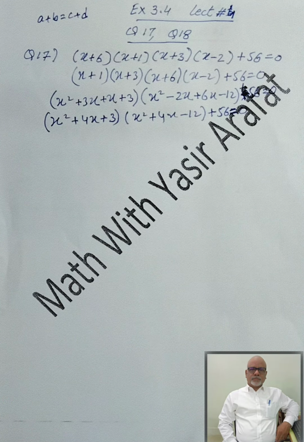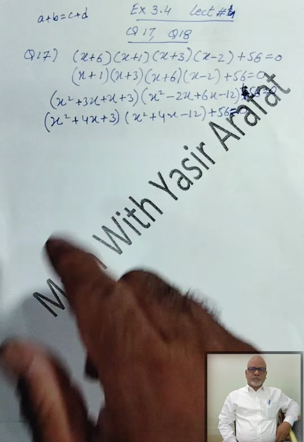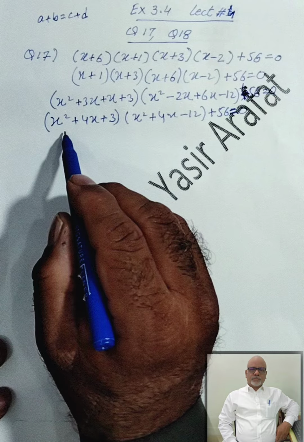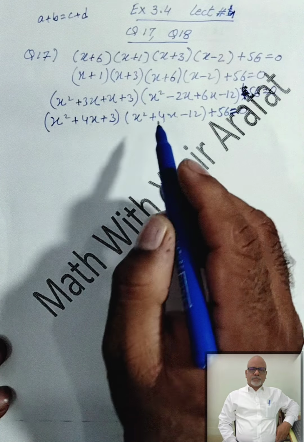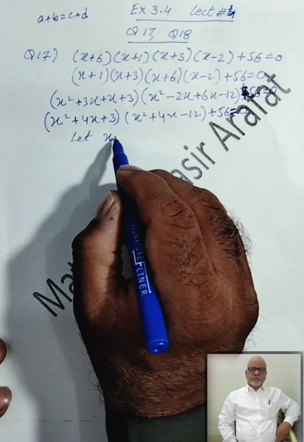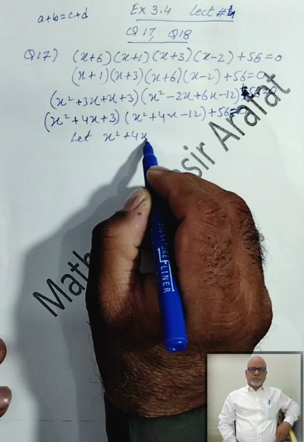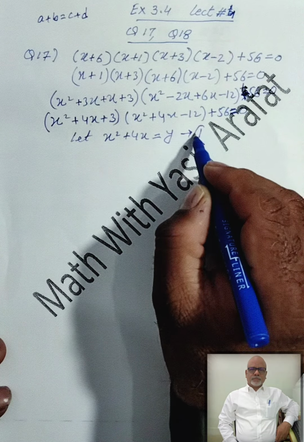When we rearrange these two brackets and multiply, in these two brackets we have an expression in common. That is x square plus 4x, x square plus 4x, it is common. So we suppose that x square plus 4x equals y, and this is equation number 1.